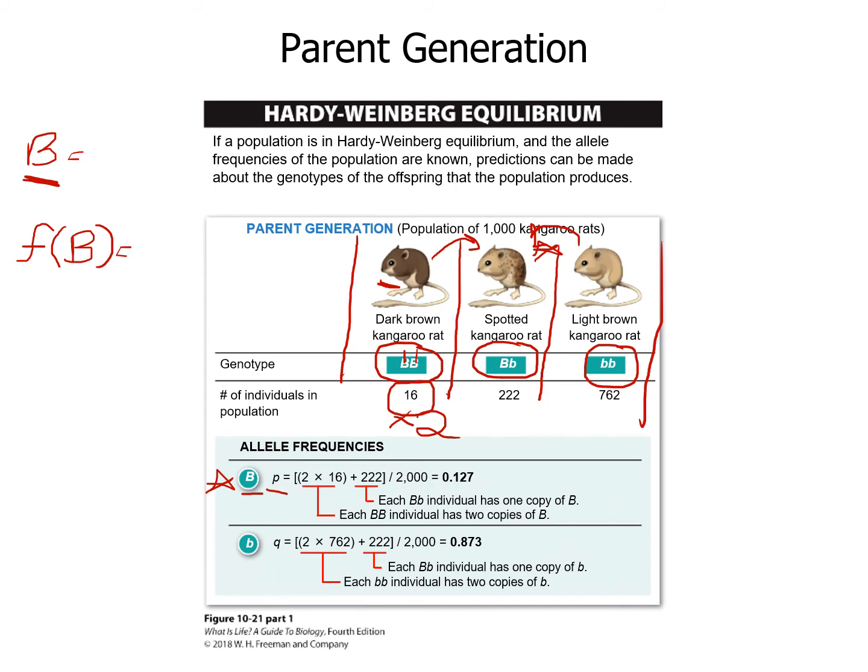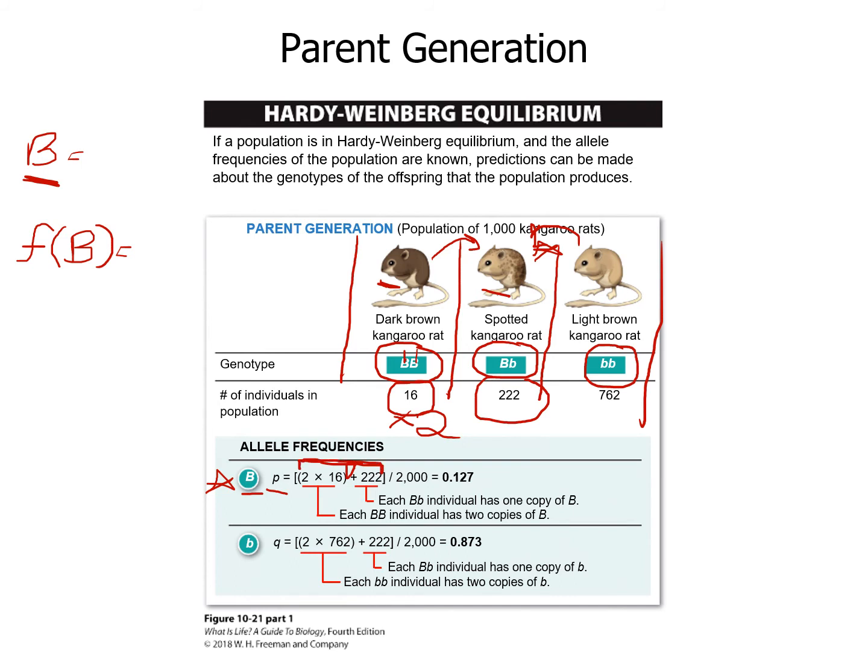From there, we want to look at our heterozygotes, which these little heterozygote boys, they have one capital B, one lowercase b. They only have one dominant allele to give us for this equation. So we just take 222 as it is, and you can see that that's what's happening right here.